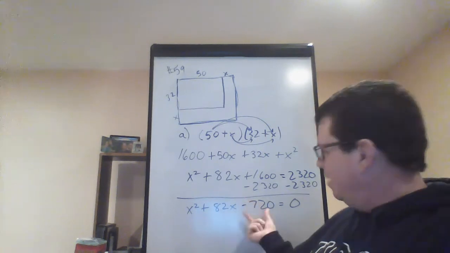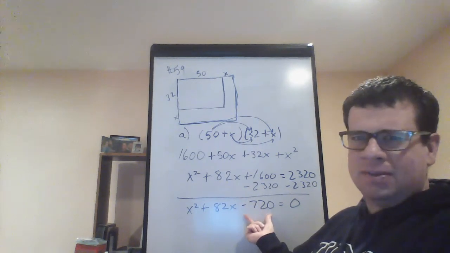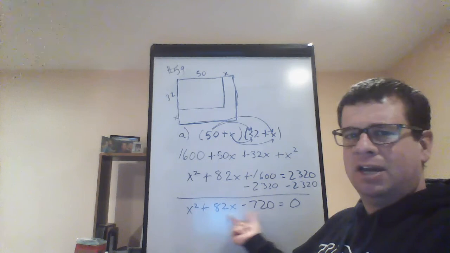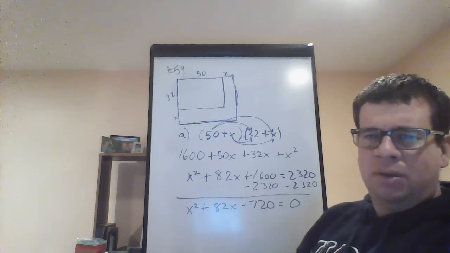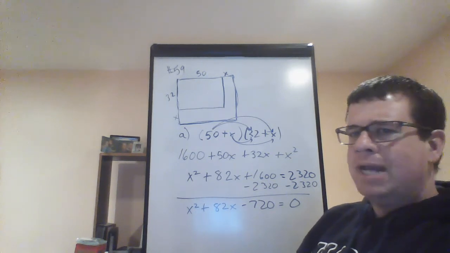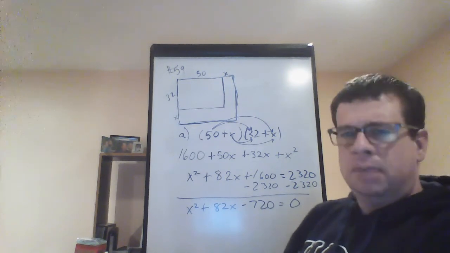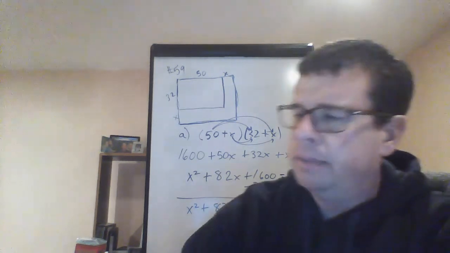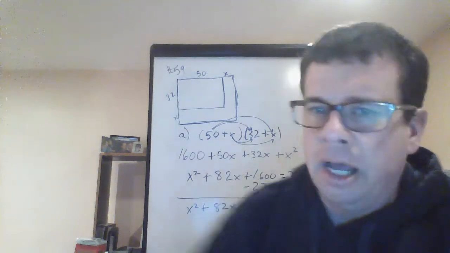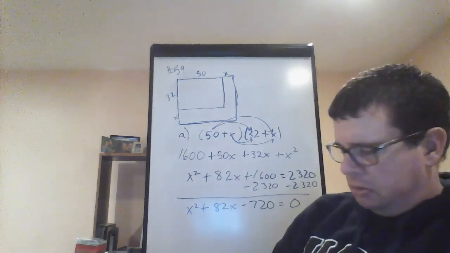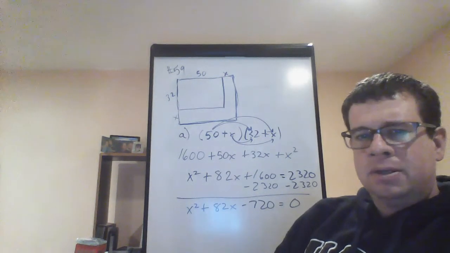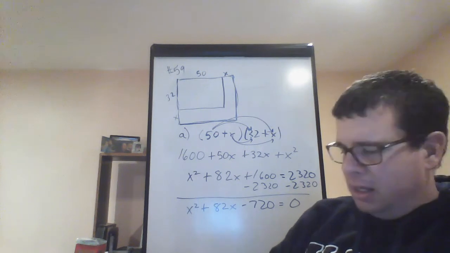And again, I get it with numbers like negative 720. What are the factors of negative 720 that can add up to 82? I get it that this can be sometimes a little bit intimidating. So I'm just going to go through and start checking things. So I don't want to start at 720 and 1.